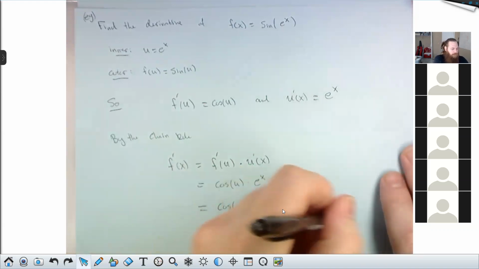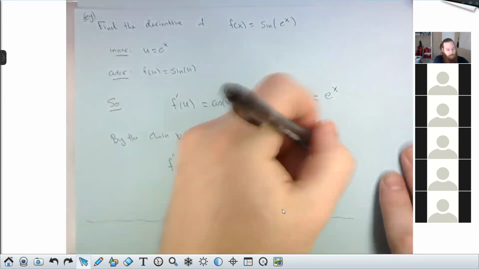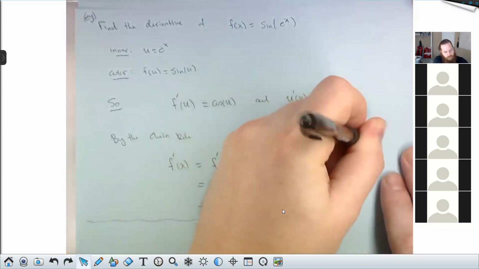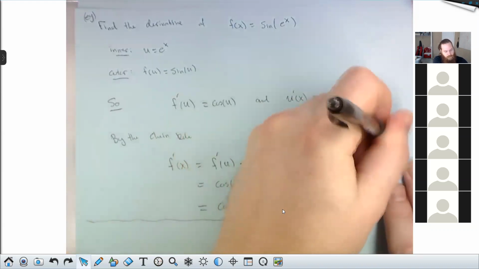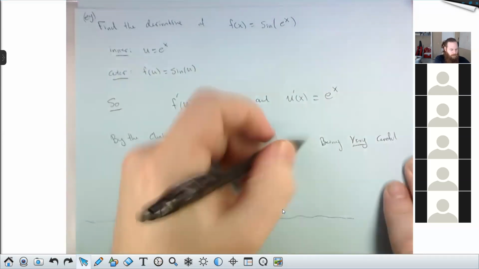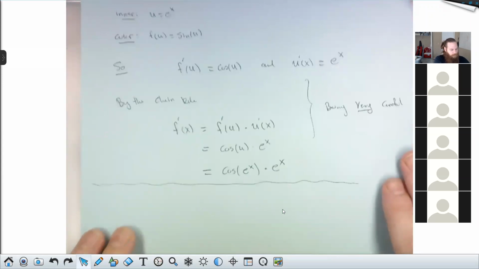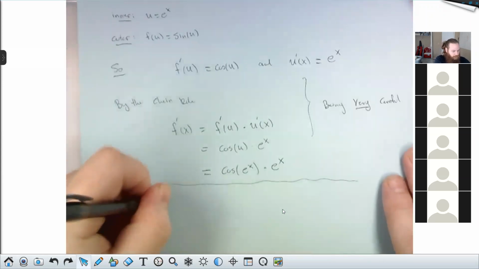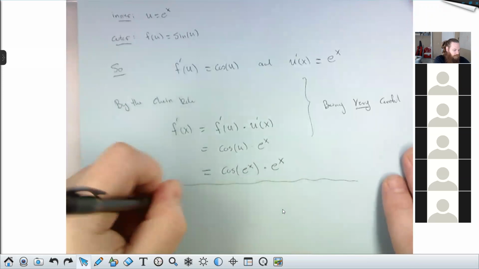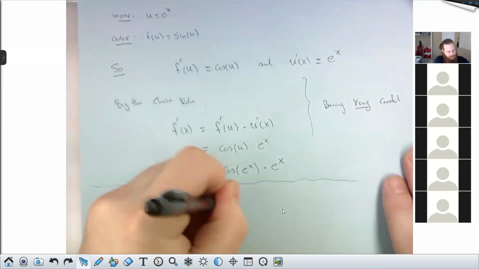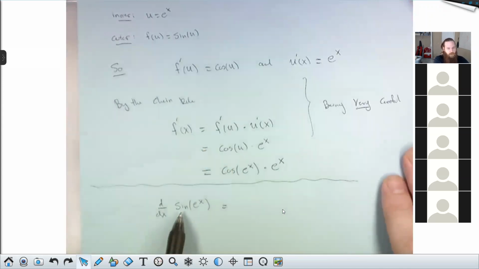Let me show you how I would do this. So this is like being very careful. But the normal way to proceed here, if I wanted to differentiate sine of e to the x, I would say, all right, I'm going to differentiate the outside and leave the inside alone, then multiply by the derivative of the inside.